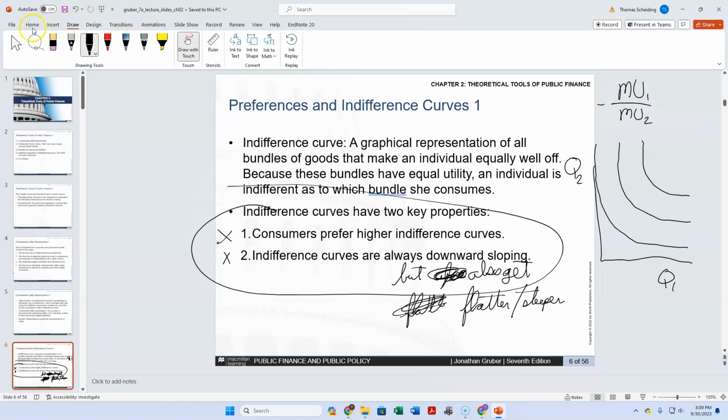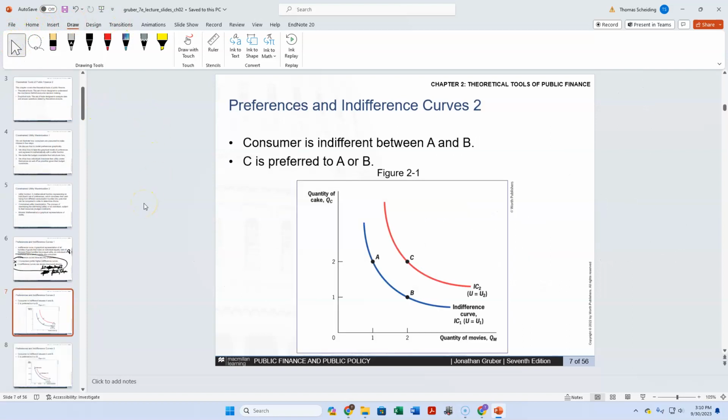Okay, let's go back over here. And so you see this discussion here. Here are some nicely drawn indifference curves, where a point on a higher indifference curve is preferred to one on a lower indifference curve. Not too surprising here.